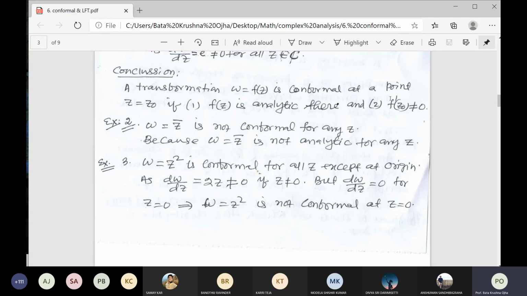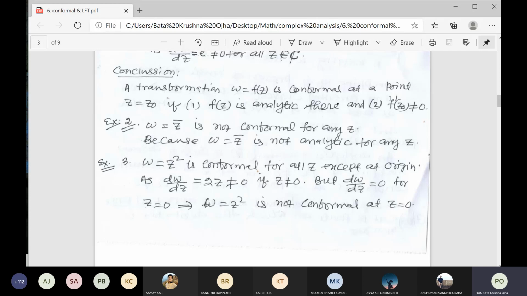Therefore, this mapping is not conformal because it is not analytic for any values, as the function is not differentiable at any value of z. From the CR equations you can see that the first order derivatives exist, but they do not satisfy the CR equations. Therefore, this mapping is not conformal.